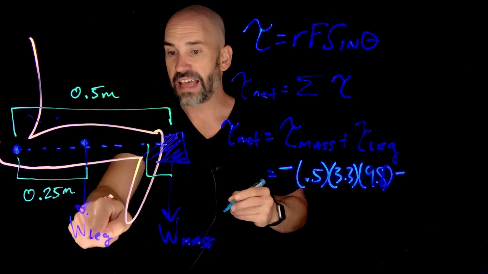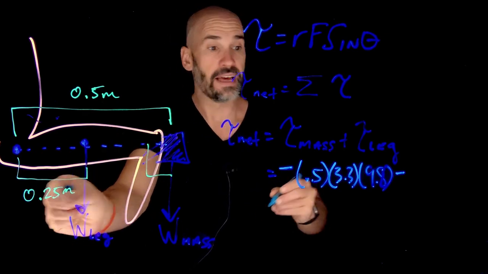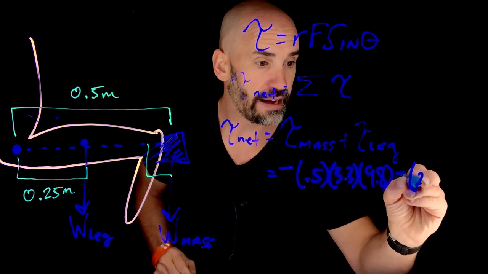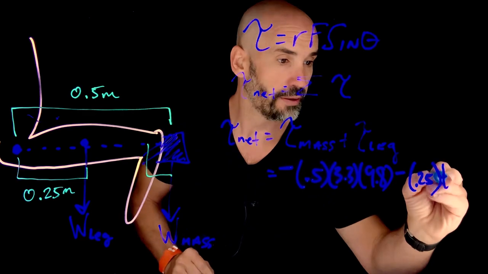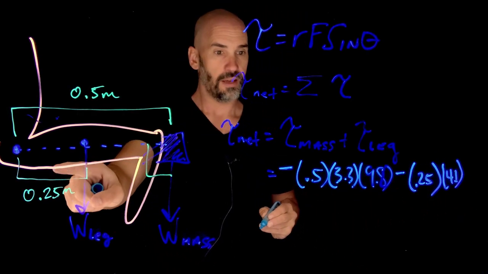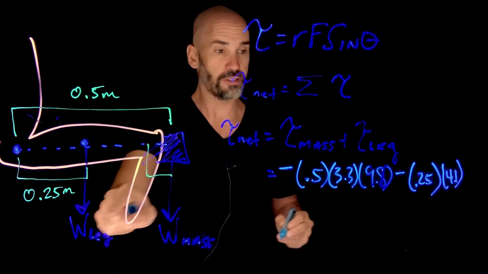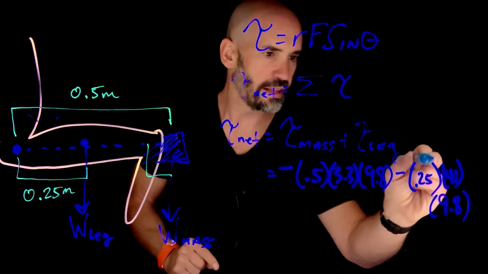And if this is halfway, because it's acting at the center of mass, then the R is going to be 0.25. The mass is 4.1. And the gravity, again, turning the mass into a force, is 9.8. Just in case we're off the edge, I'm going to put that underneath.